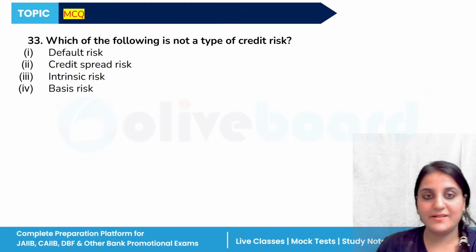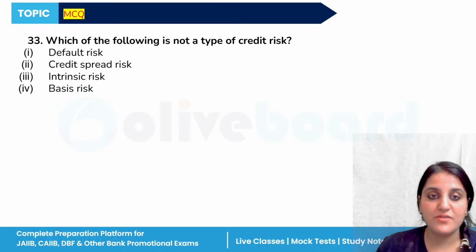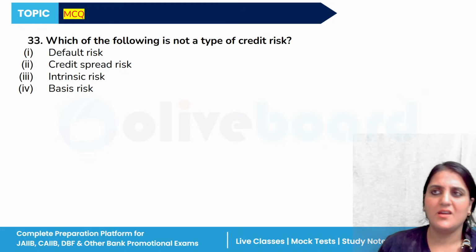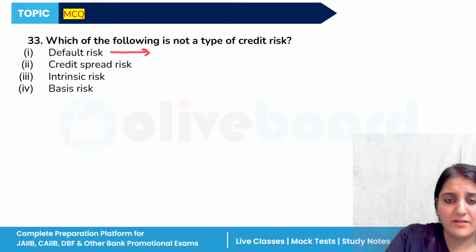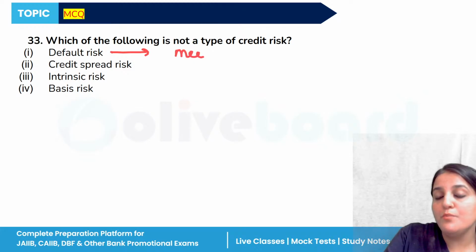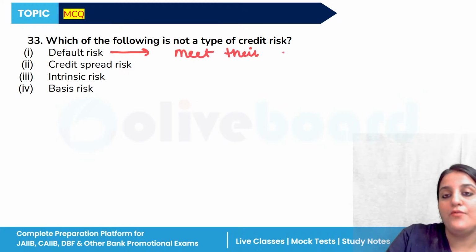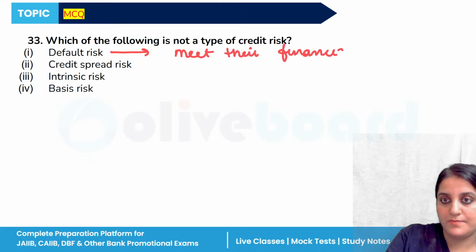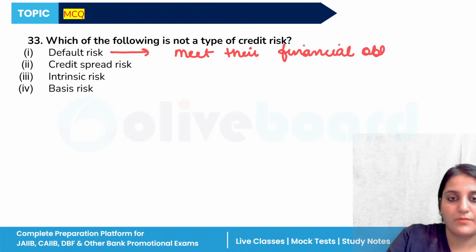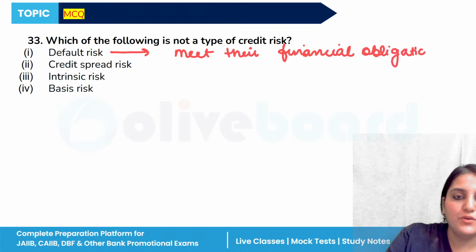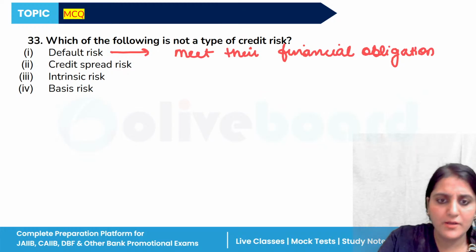Default risk, spread risk, intrinsic risk, or basis risk. Default risk is the risk that a borrower or the counterparty will be unable to meet their financial obligations, such as failing to make scheduled interest or principal payments on a loan or bond.